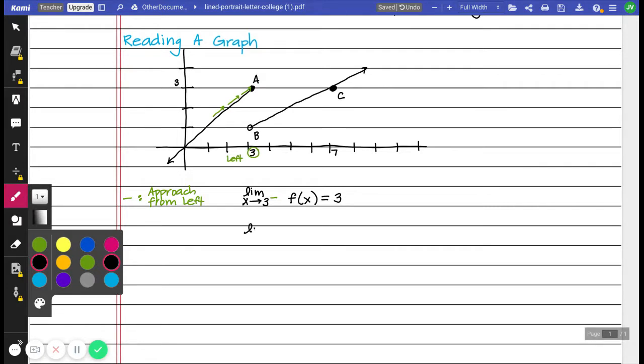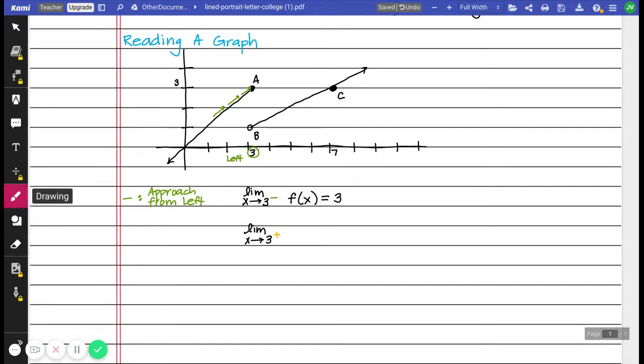The next thing I'm going to do is I'm going to say, what happens when I approach? If I can do it from the left, I can totally do it from the right. And that gets a plus sign. So a plus sign means I approach from the right. So here's 3 again, but here's the right side of 3. And so I'm going to come at 3, but I'm coming from the right-hand side of this.